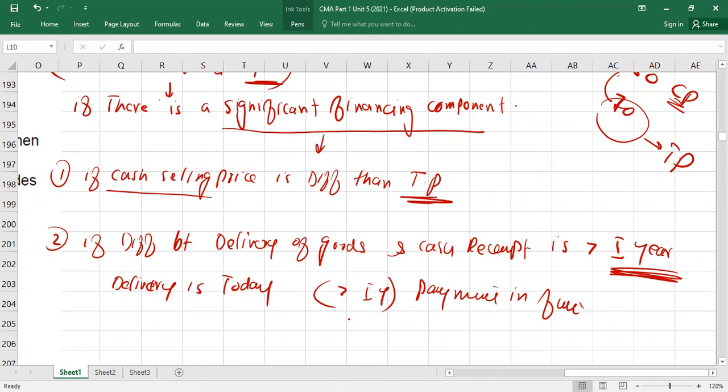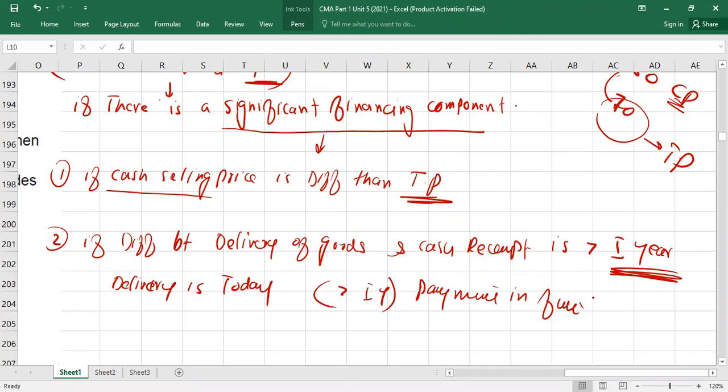Let me give you an example. I have delivered goods to you today, right? But you will make me payments after 3 years. It means delivery is in advance, but payments will be received in 3 years. So I will assume there will be a financing component.